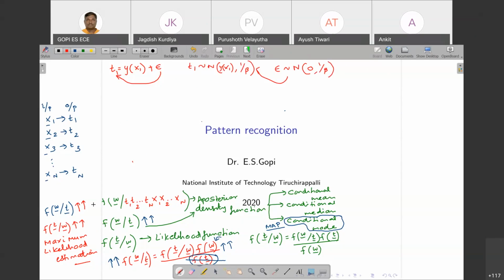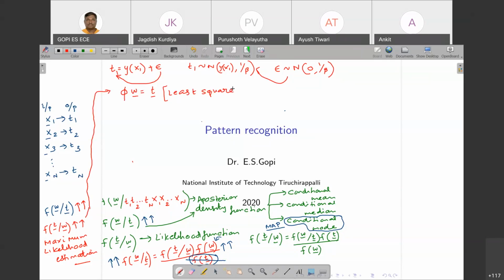So we understood that maximizing this likelihood function, which we discussed in the previous class, ends up with solving phi w equal to t. That is what we got. This is basically what we call the least square setup.